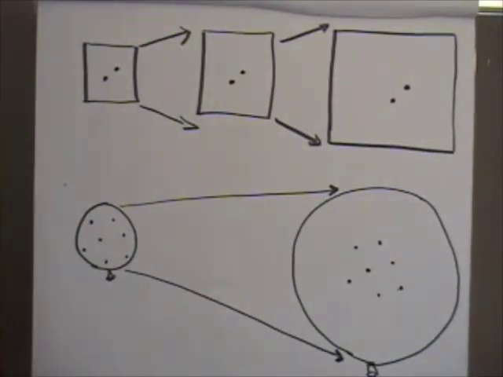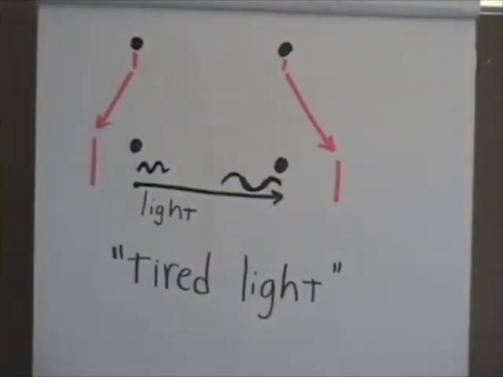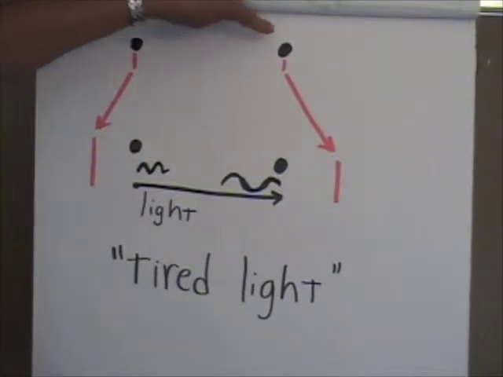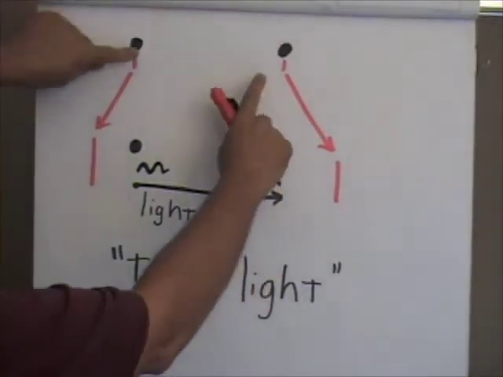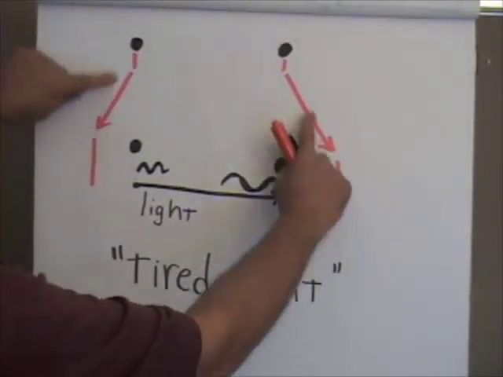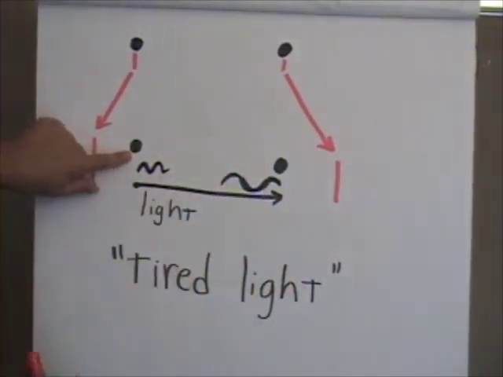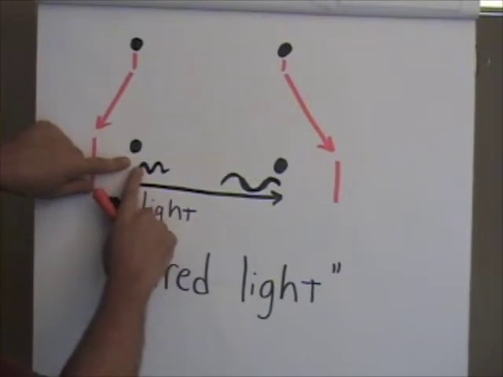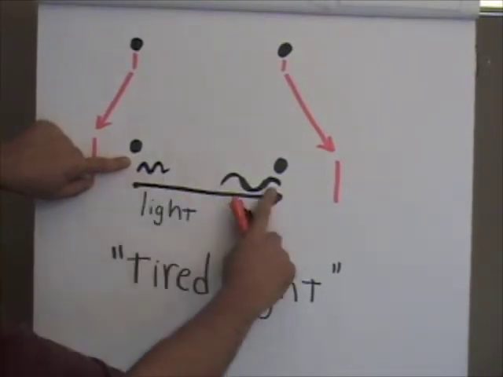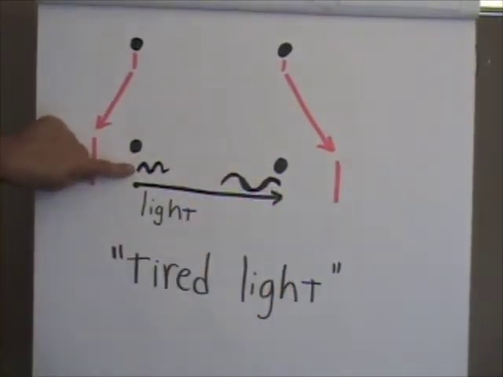Well, let's look at that. So here we have the Earth and the galaxy. Over time, space expands. They remain at the same distance. Light travels between them, and as the light travels, the wavelength increases, which explains the observed wavelength.